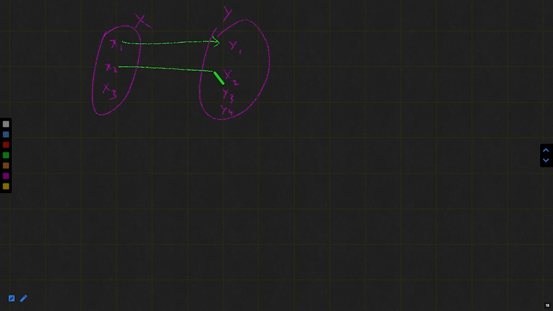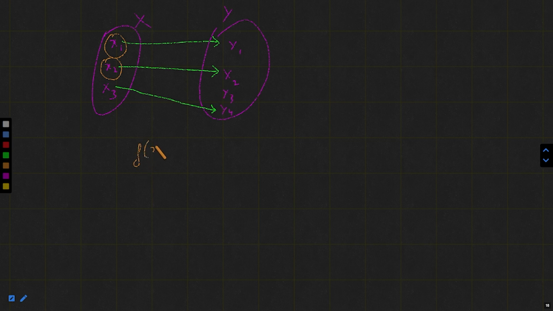So I am going to associate it to y2, and x3 is associated to y4. Now, does it follow the one-one condition? Yes. Why? If you take any two inputs, their outputs are not going to be the same.